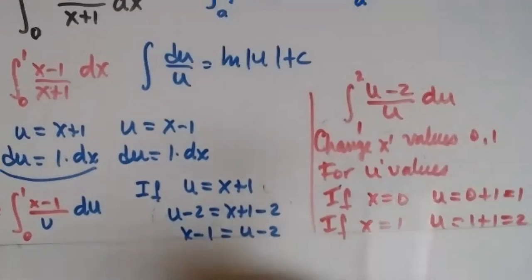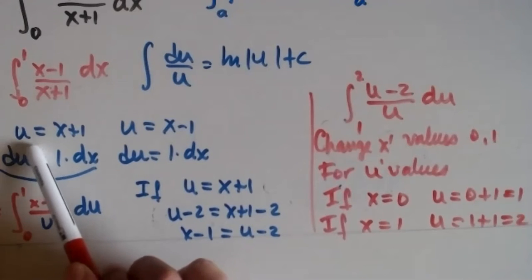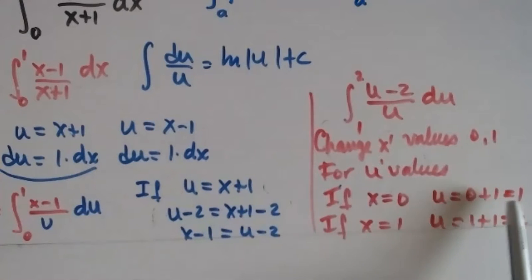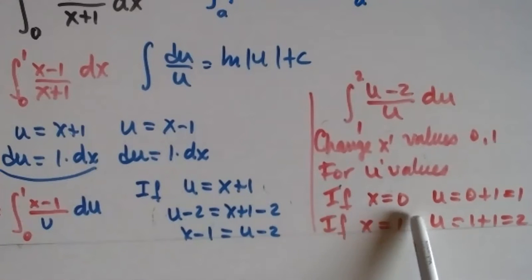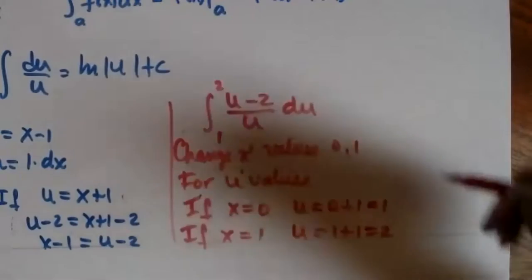How do you change them? Use the same formula you use for the u substitution. If u is x plus 1, when x is 0, u is 1, 0 plus 1. And when x is 1, u is 2, 1 plus 1 is 2. Then, here comes the third part.